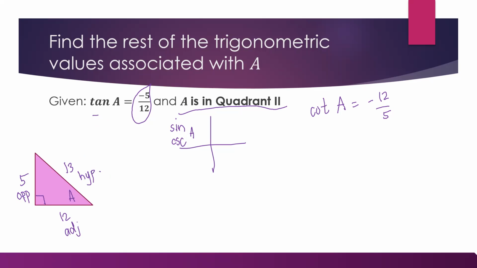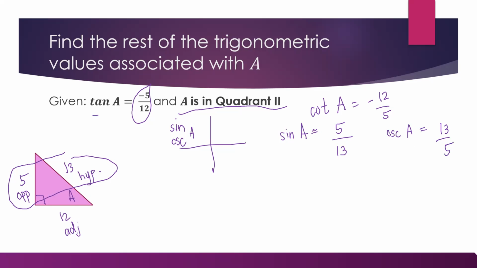Okay, so we can make use of this for the SOH, sine. Sin A is opposite over hypotenuse. And we're aware that this is in quadrant 2, so it is positive. Reciprocal is cosecant. So, this is 13 over 5.